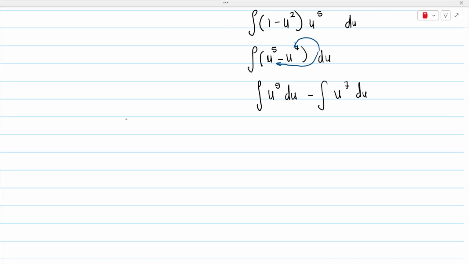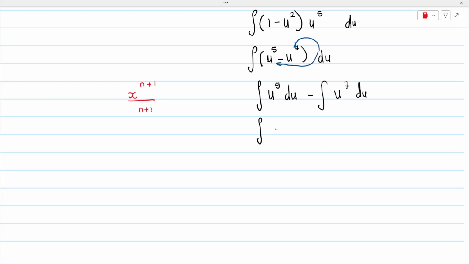Now I'm going to apply the power rule for integration. The power rule for integration says that the integral of x exponent n is x exponent n plus 1, divided by n plus 1. So it is the opposite of the power rule for differentiation. To apply this, on the exponent I just add 1, then divide by that value that I get.